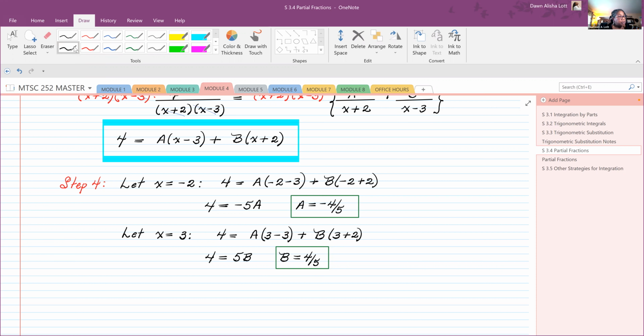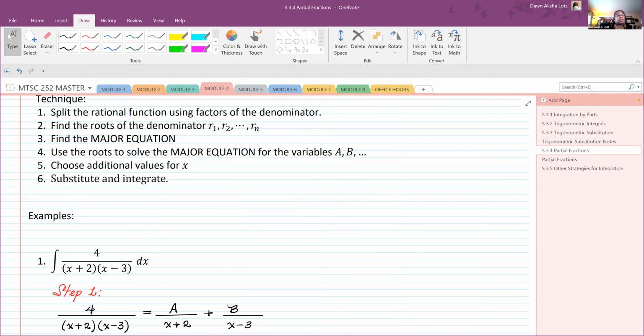We don't need the next step in this problem, which says choose additional values for x if necessary. It's not necessary for this problem.